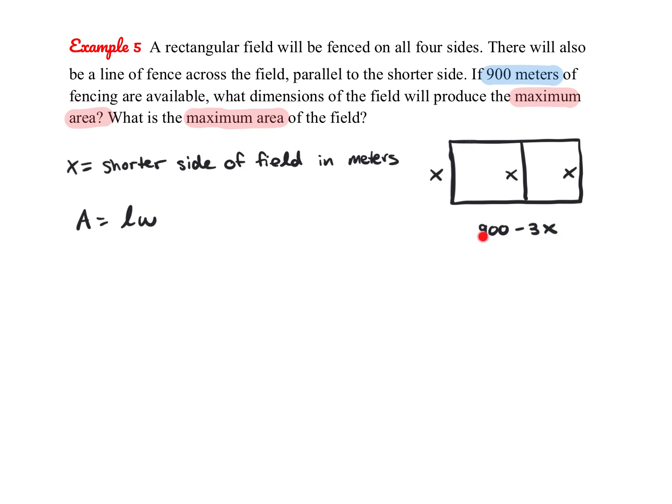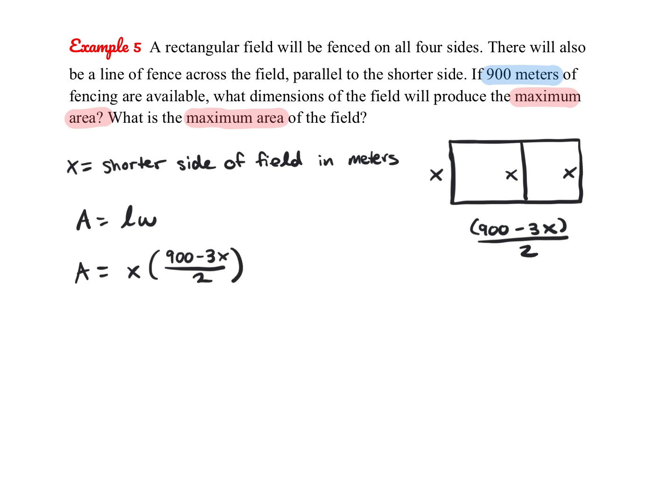So if I take the remaining fence and I simply divide it by 2, that will be the length from here to here. So now we have a way to describe the length of our field in terms of x. So now I can model my area. So the area can be found with x times 900 minus 3x all over 2.